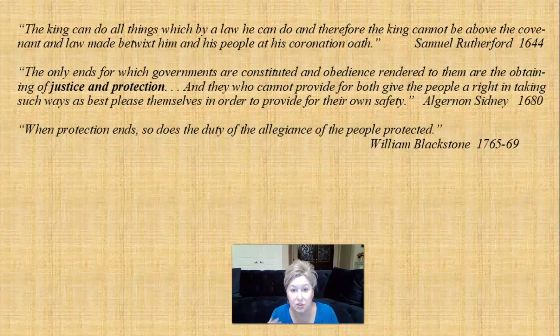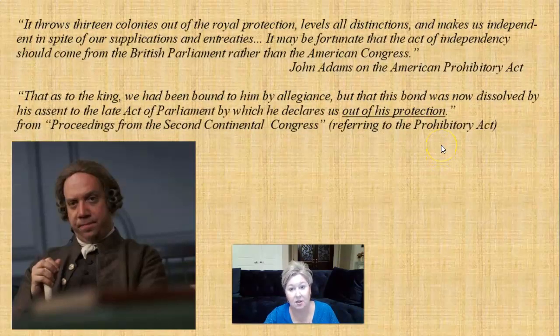Guys, what did the king just do? He declared them out of his protection. He declared independence from them. Blackstone wrote, "When protection ends, so does the duty of the allegiance of the people protected." John Adams put it this way: it throws 13 colonies out of the royal protection. It levels all distinctions. It makes us independent.